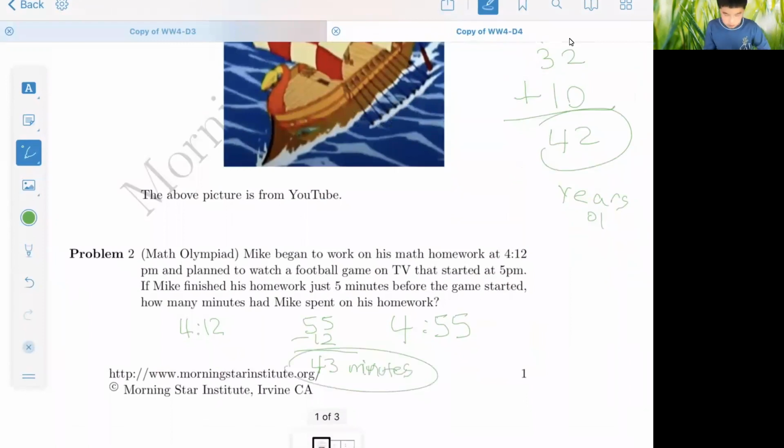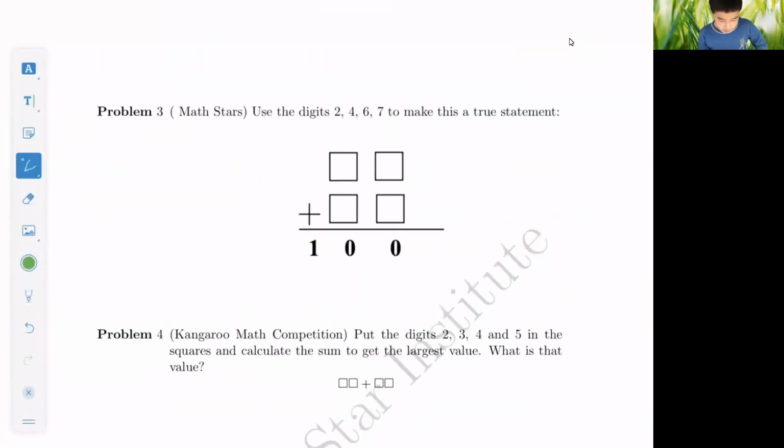to do his homework. Problem number 3. Use the digits 2, 4, 6, 7 to make this a true statement. So first of all, we could see that 4 and 6 have to be at the units digits because they are the only two numbers that add together and have a units digit of 0, like the 100.